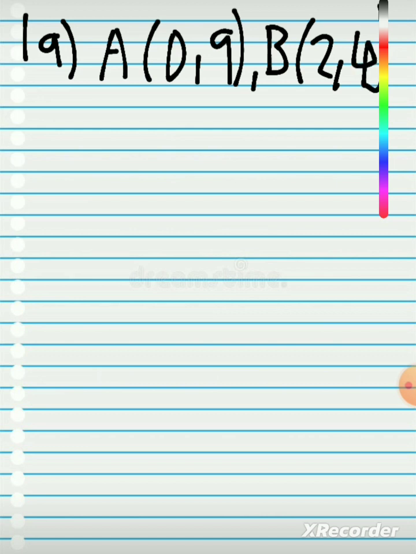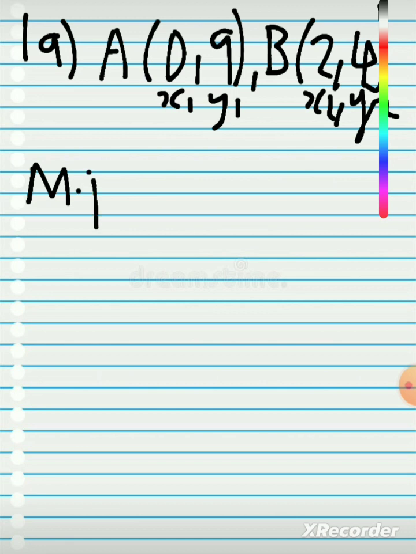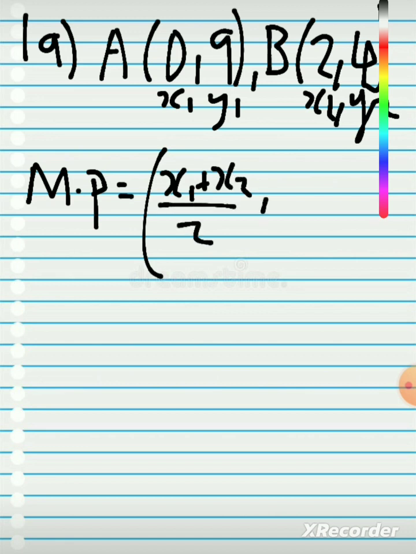So first step, make sure that you name your coordinates x1, y1, x2, and y2. So the midpoint formula, I'll just use MP for short, is (x1 plus x2 divided by 2, y1 plus y2 divided by 2).